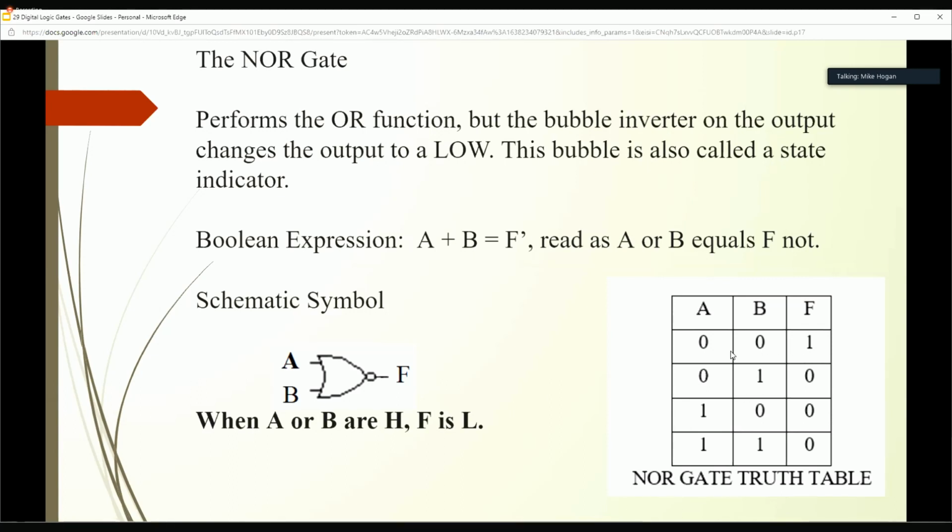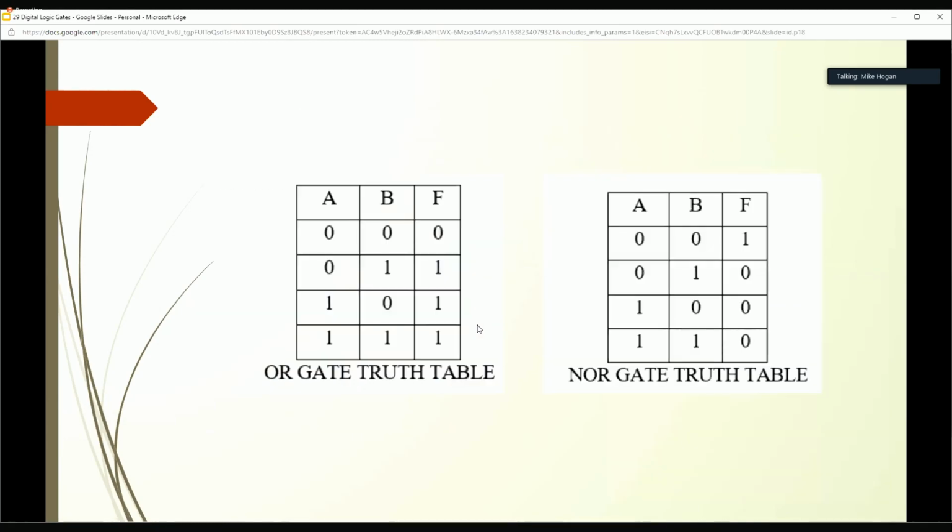And so if you look at our truth table, anytime I get a 1 on B, 0, a 1 on A, 0. This is just a NOR gate, and it's not concerned with both of my inputs being a 1. And so here I get both inputs as a 1, I still get a 0 out.